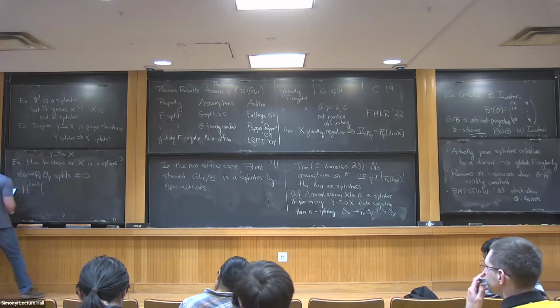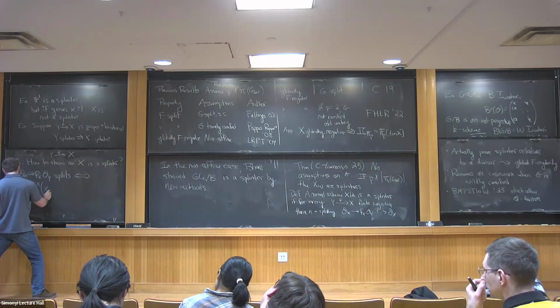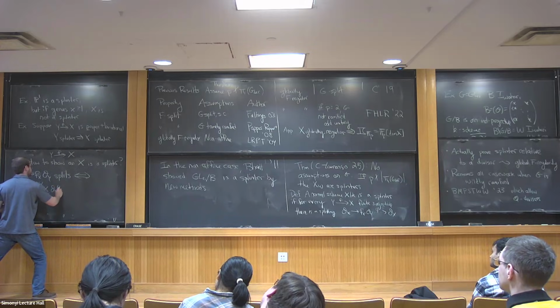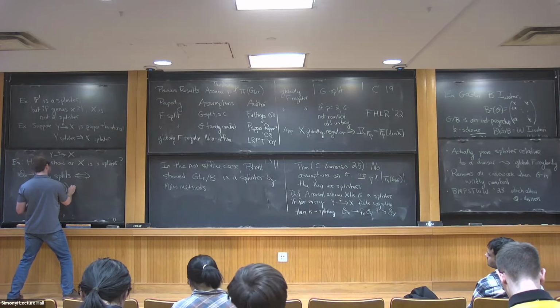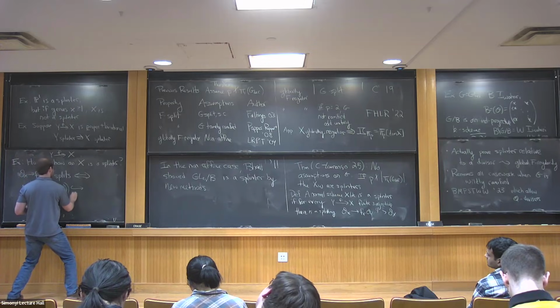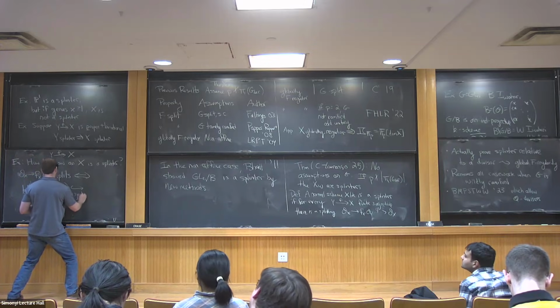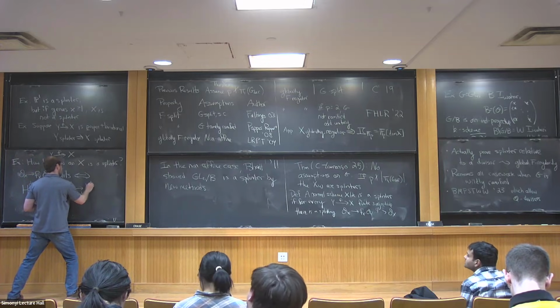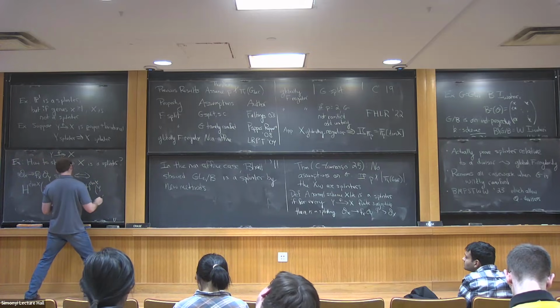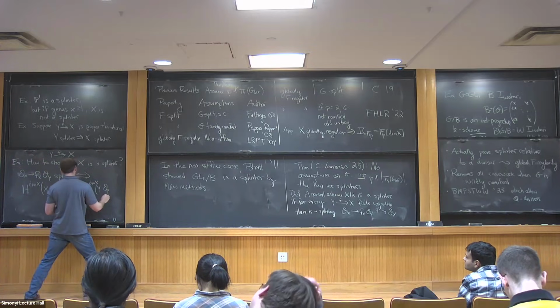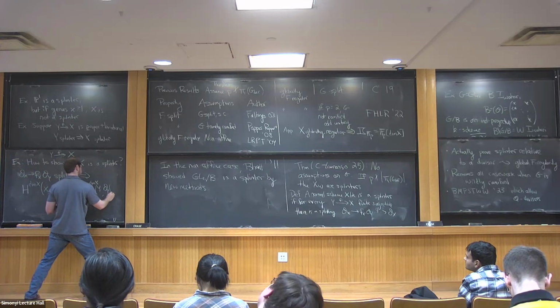So there is a map in top degree, H^top of X, O_X, K_X, to the top cohomology of Y with coefficients in the pullback of the canonical on X.